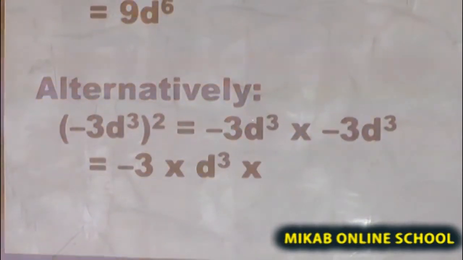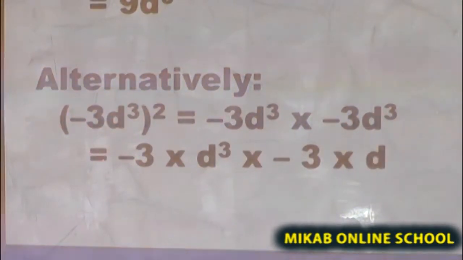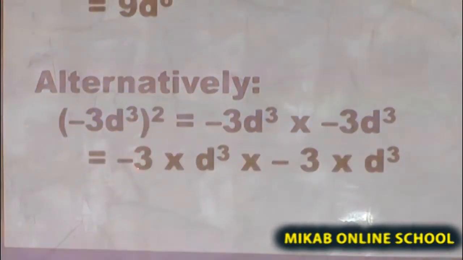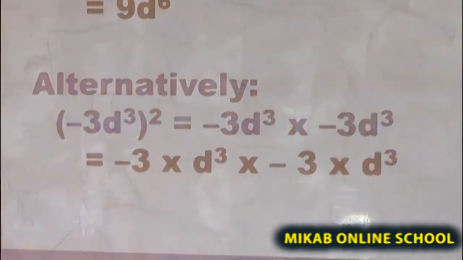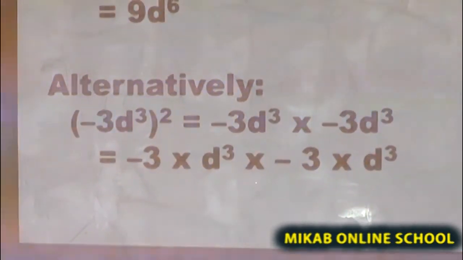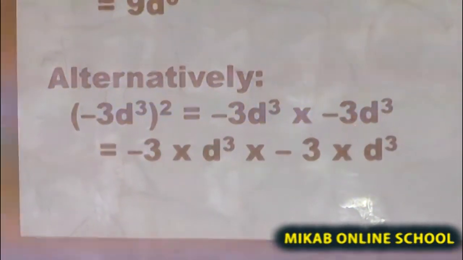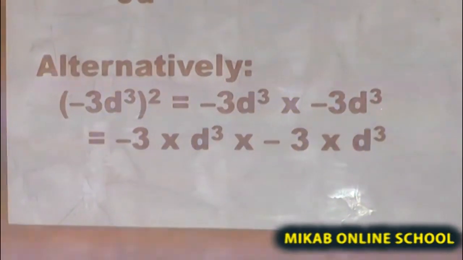So we are going to separate the number from the alphabet, and we arrive at -3 times d^3. You break it down: -3 times, which is the connectivity between this -3 and this d^3.